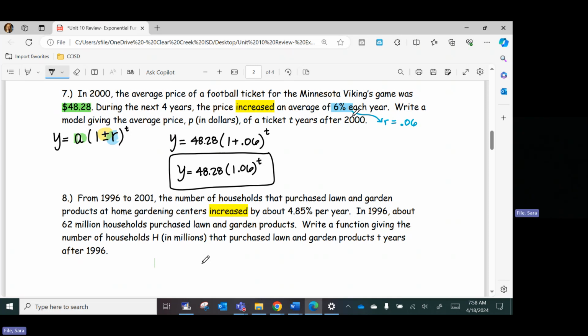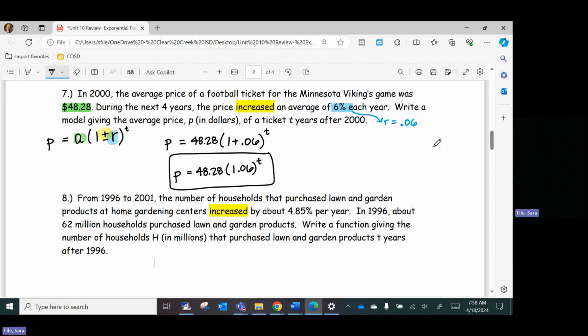Okay. Oh, you know what? They did tell us to use P. So instead of Y, I'm just going to make that P because they just told us to use the variable P to represent the price because the price is what we're finding. Okay, so that's the coming up with the equation to model that scenario.